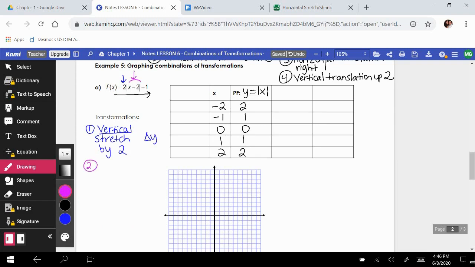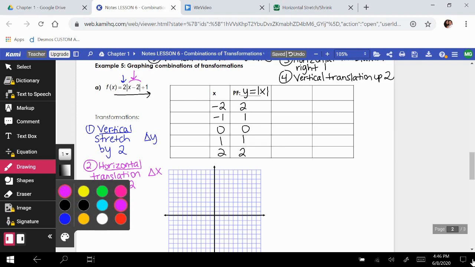Inside absolute value bars, so I know it's going to be a horizontal something. Is it left or right? Horizontal translation, that would be right 2. Is it going to change your x or y values? It's horizontal, so it's going to change our x values.